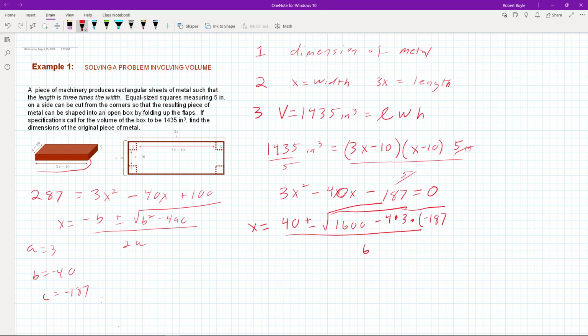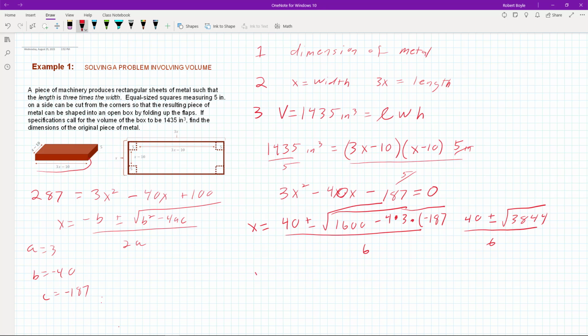Okay, that will reduce to 40 plus or minus the square root of 3844 divided by 6, and it turns out that 3844 actually happens to be a perfect square.